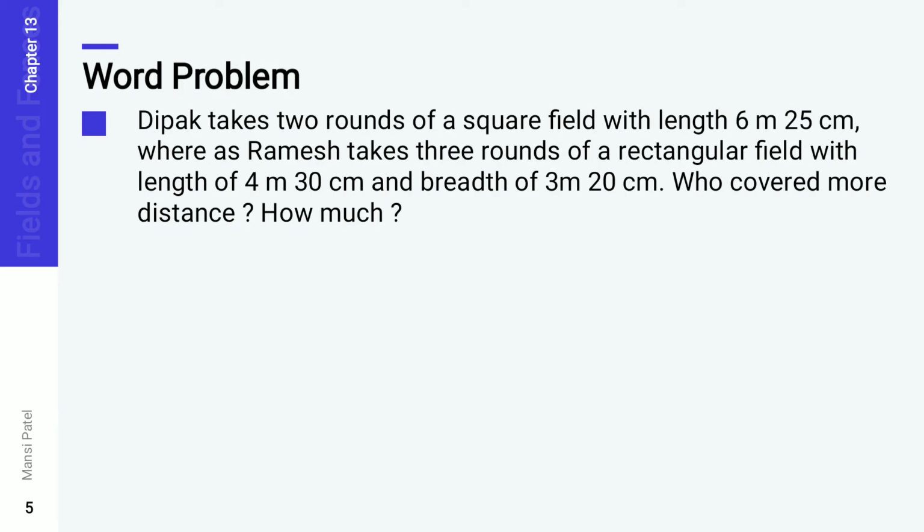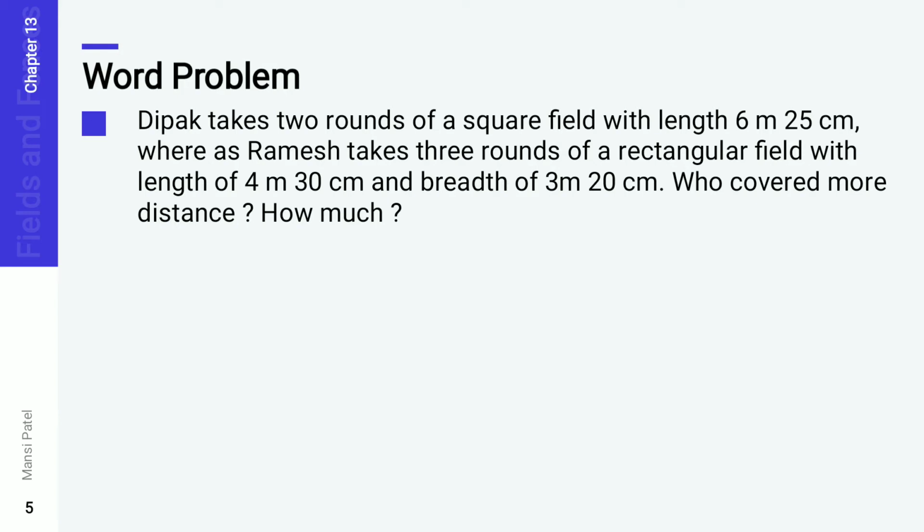So Deepak takes 2 rounds, but these 2 rounds are of the square field, whereas Ramesh takes 3 rounds, but these 3 rounds he takes in a rectangle field. And after that they compare who covered more distance. And after that you have to tell also how much more distance he covered, Deepak or Ramesh.